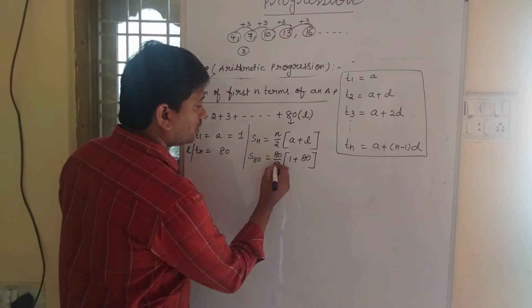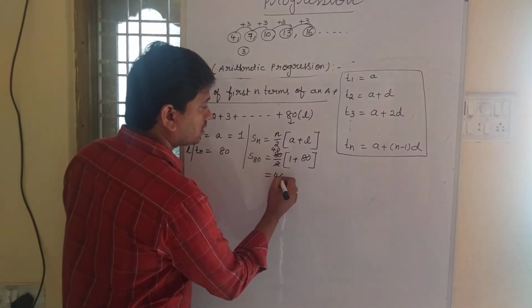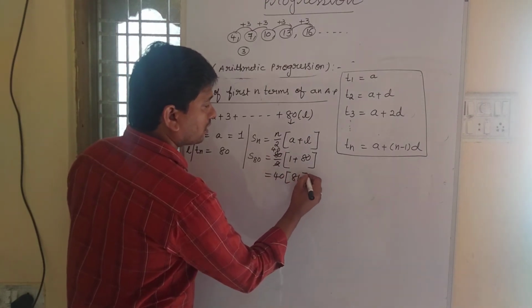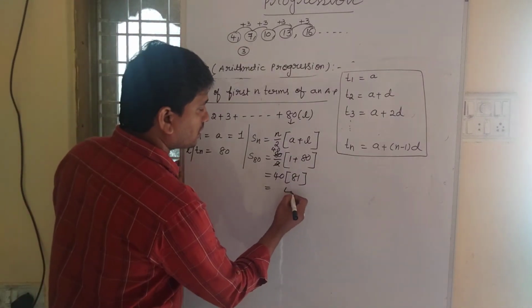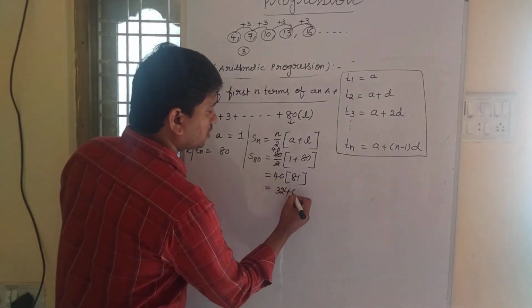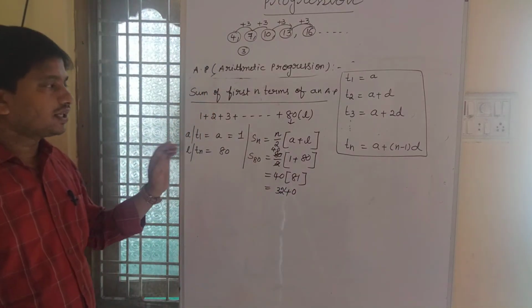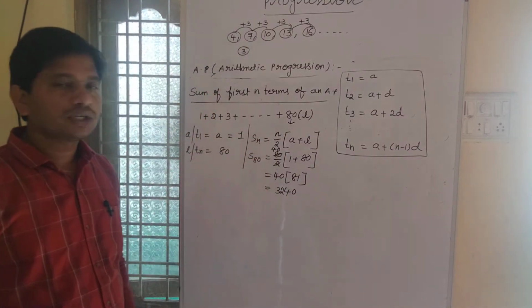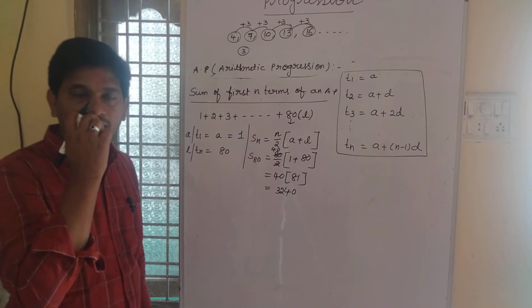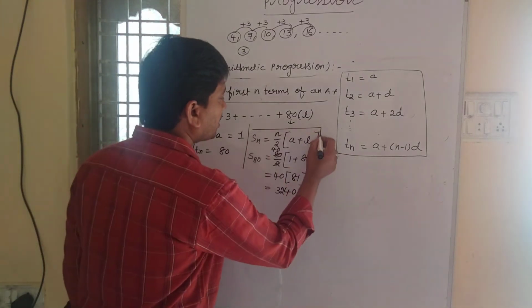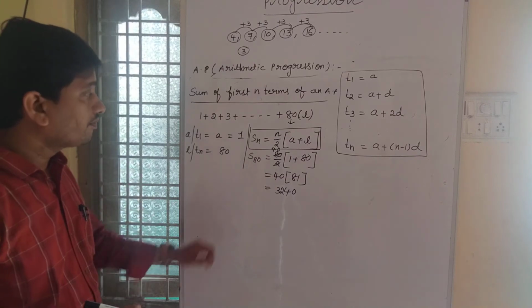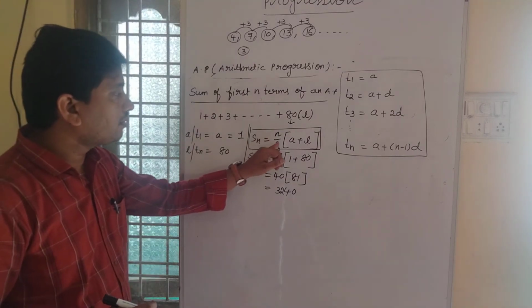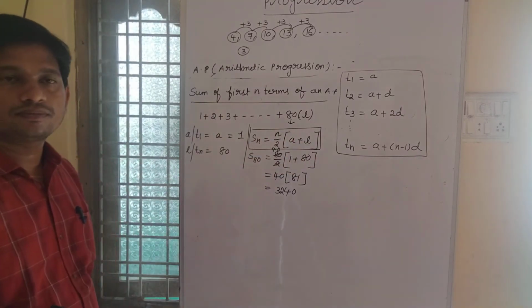So n by 2 is 40, into 80 plus 1, 81. 40 times 81 is 3240. So the sum of first 80 terms is equal to 3240. So what is the formula for finding the sum of n terms of an AP if the last term is given? Sn is equal to n by 2 into a plus l.